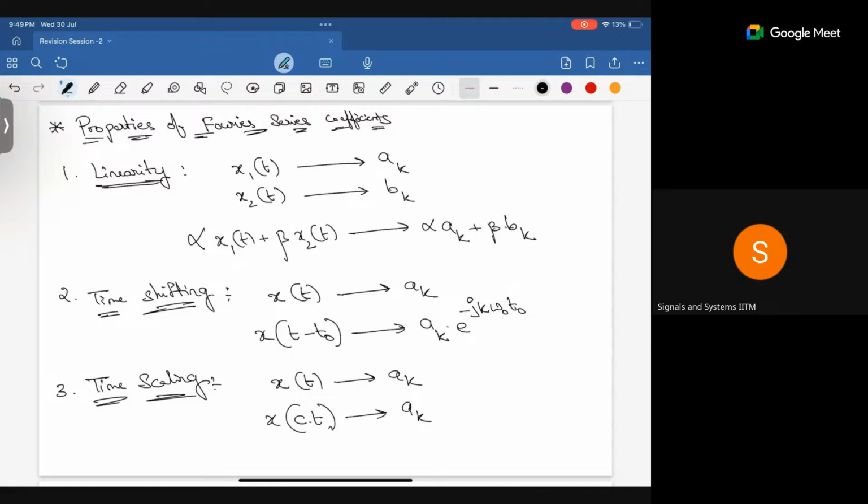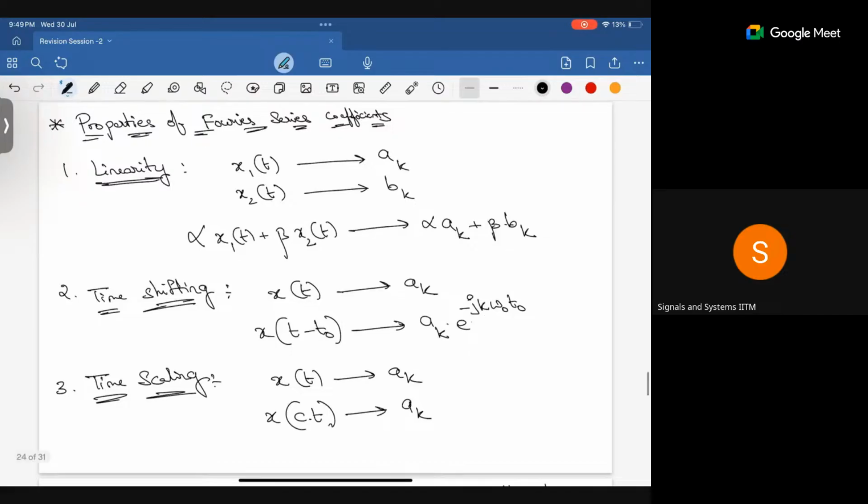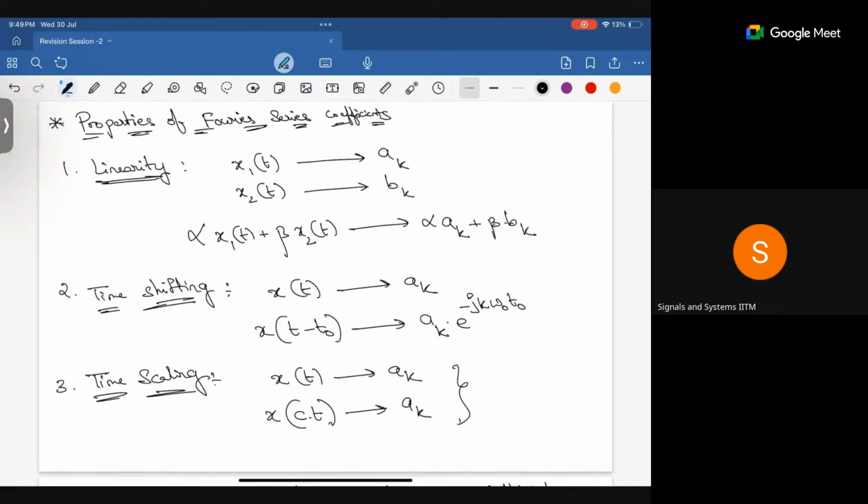And if I just shift the signal, then the Fourier series coefficients will get multiplied by a scaling value, which is e^(-jkω₀t₀). That is time shifting. Time scaling, as discussed in the lectures, is also one way.